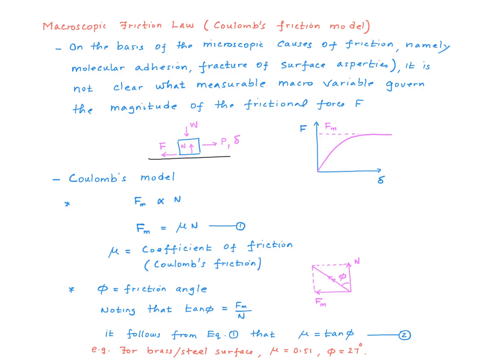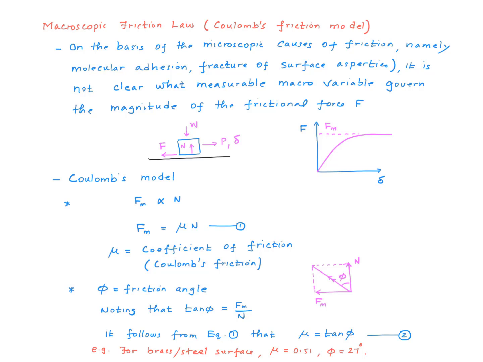Just because the block doesn't have a motion doesn't mean there is no relative displacement between the two. In fact, there is going to be a relative displacement delta. And obviously this delta is going to be very small. So if you actually want to do this experiment, you need to have a highly sensitive horizontal displacement transducer to pick up this deformation accurately.